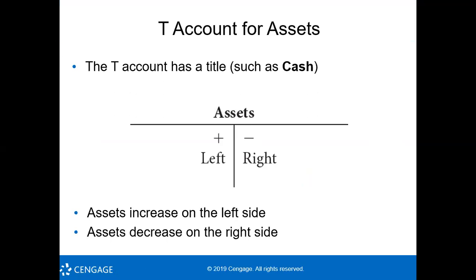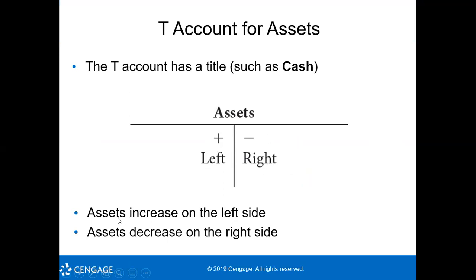All right, so again, assets increase with a debit, decrease with a credit. So assets increase with debit transactions on the left side of the T account. They decrease with credit transactions on the right side of the T account.